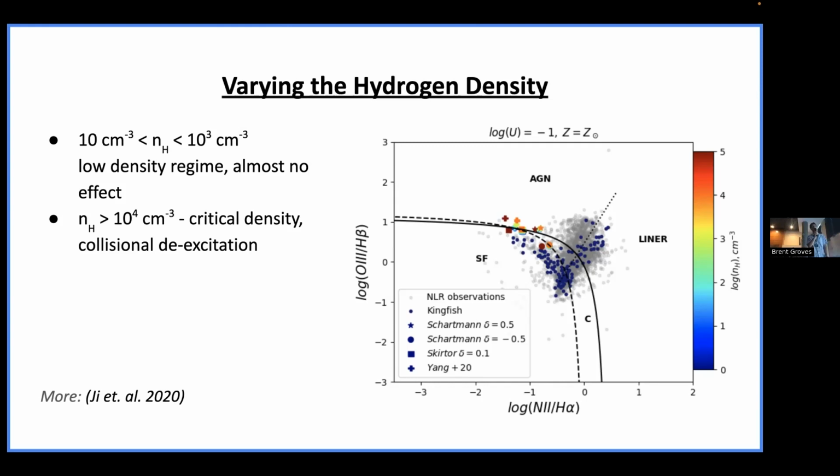But if we cross a critical hydrogen density, then the collisional de-excitation process starts to dominate at the AGN, and that's why you can see that at, for example, log of hydrogen density 5, we have a shift of points, while other points stay at the same position.